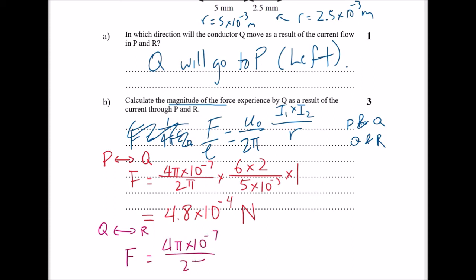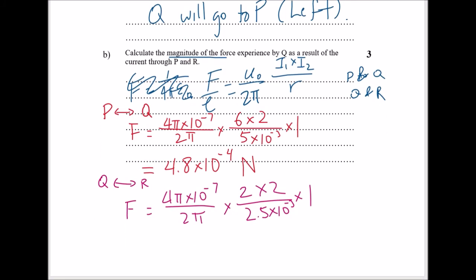The current was 2, and the other one was 2 as well, there was a separation of 2.5 times 10 to the minus 3 meters, and then times 1. So the force experienced in this case is 3.2 times 10 to the minus 4 newtons.